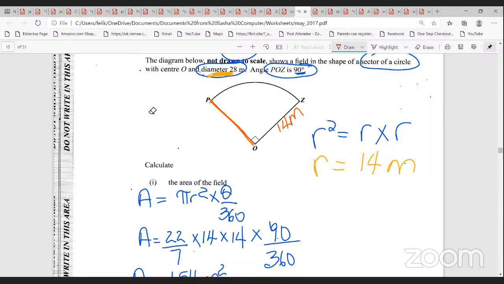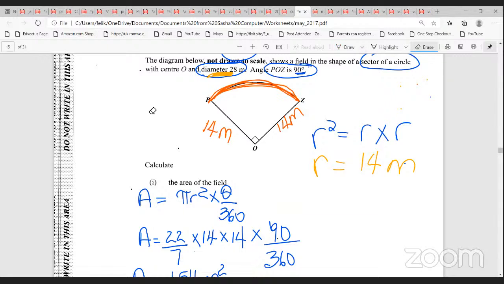Is there any difference between OP and OZ? All right, so I got an answer in the chat. So it's the radius. All right, so OP is the radius just as OZ is the radius. Both of them are the radius. So that's 14 meters as well. So we know the length of two sides. We know OP and we know OZ. So we're interested in finding now the length of PZ. And after finding the length of PZ, then we'll be able to add all the distances.